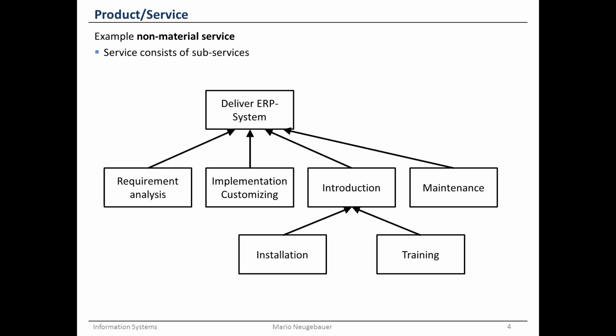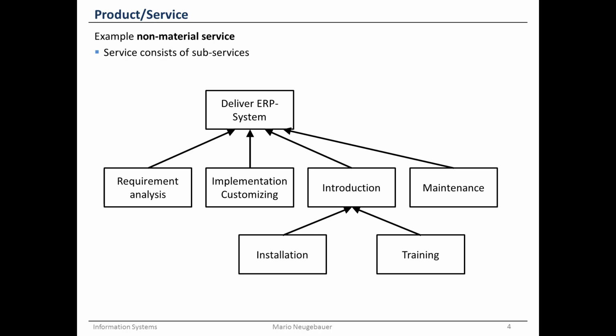You could touch these documents in a physical way, of course, but the more important part in this work is that you write everything down, that you structure your knowledge, the knowledge of the people in the company who should get the ERP system, and this is then referred to as the requirement analysis.